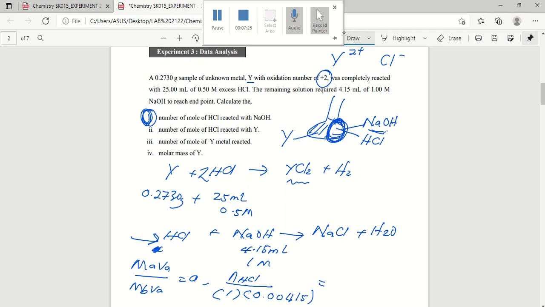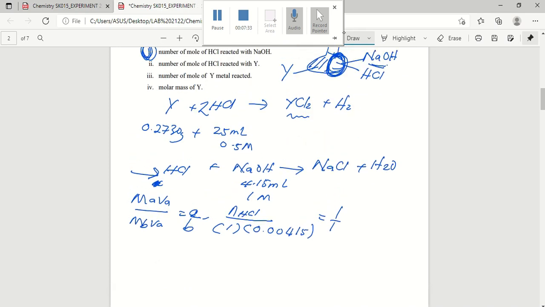A and B are the coefficients for acid and base. So I just write here mole HCl equal to 4.15 times 10 to the power of minus 3 mole. Okay, the second question, number of mole of HCl that reacted with Y.